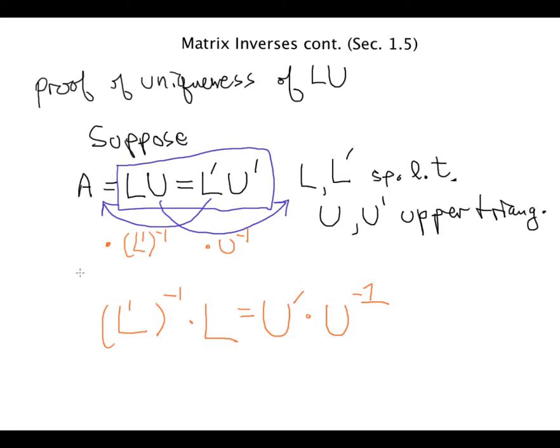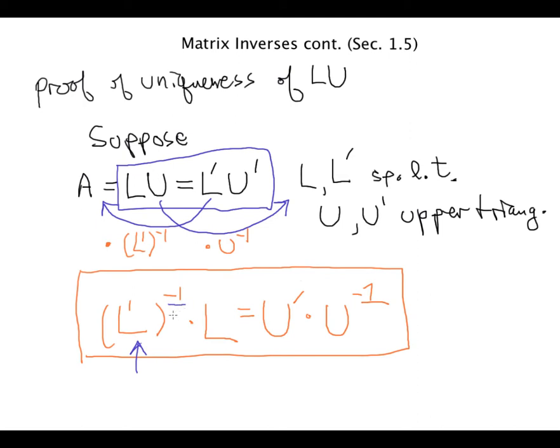Okay, and if you look at this equation, let's look at the left-hand side. This matrix is special lower triangular, and the inverse of such a matrix is still special lower triangular, and this matrix is special lower triangular. So this whole side is the product of two special lower triangular matrices, which is therefore special lower triangular.